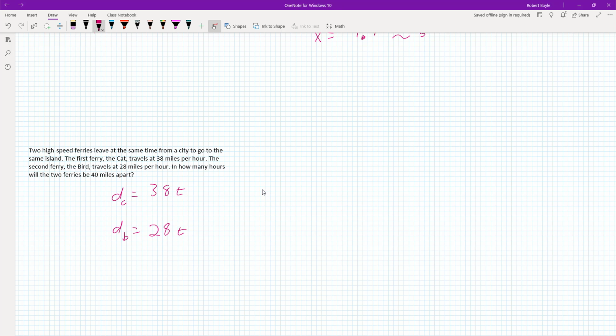That's nothing more than the absolute value of dc minus db being equal to 40. Doing the substitutions, that is 40 equal to 38t minus 28t. Simplifying this is pretty straightforward. We combine these, and we have 40 is equal to 10t. In that case, t is equal to 4 hours.